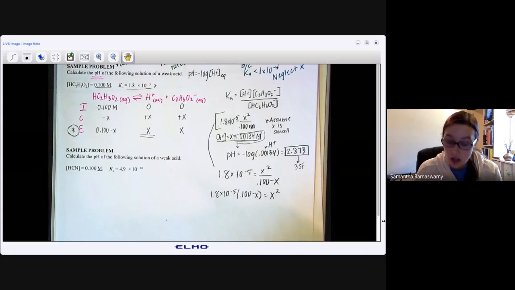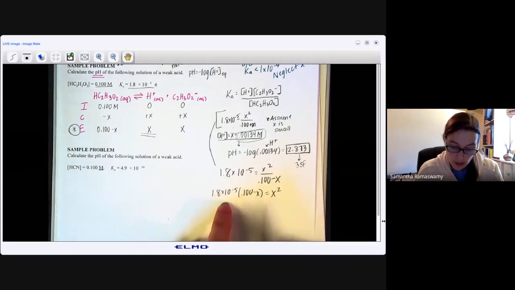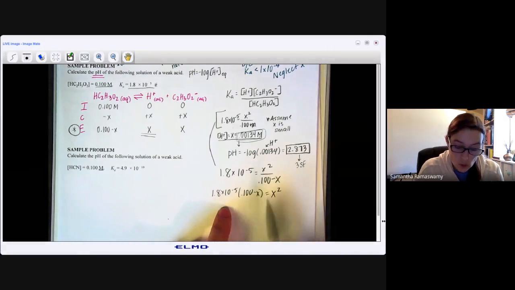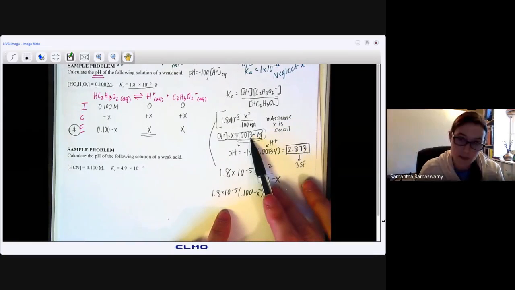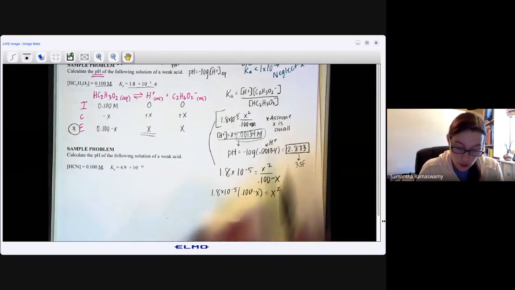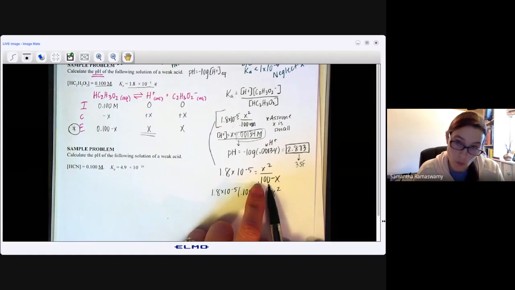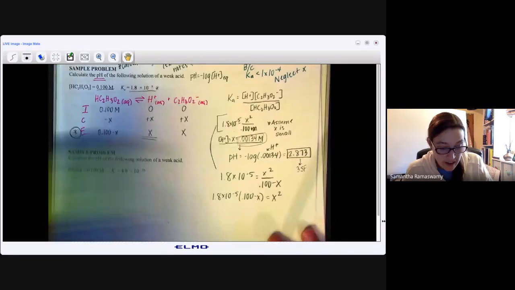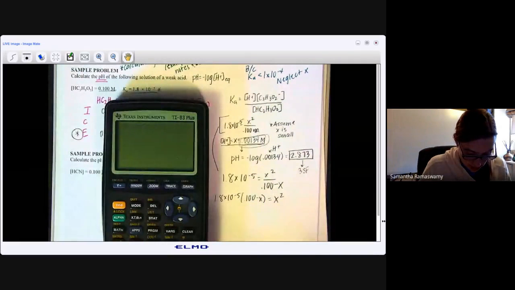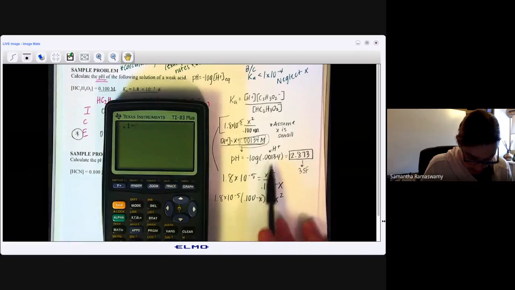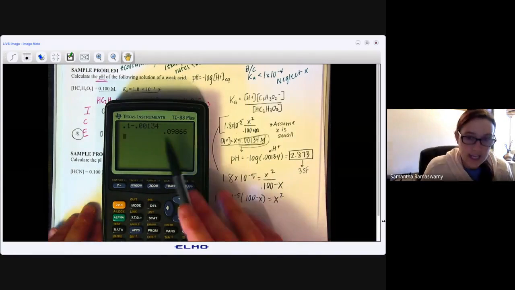So instead of having to use the quadratic formula, we assume that x is such a small number that when I do 0.1 minus whatever my value of x is, it's still essentially 0.1. If I actually look at 0.1 minus 0.00134, it's actually 0.09866.